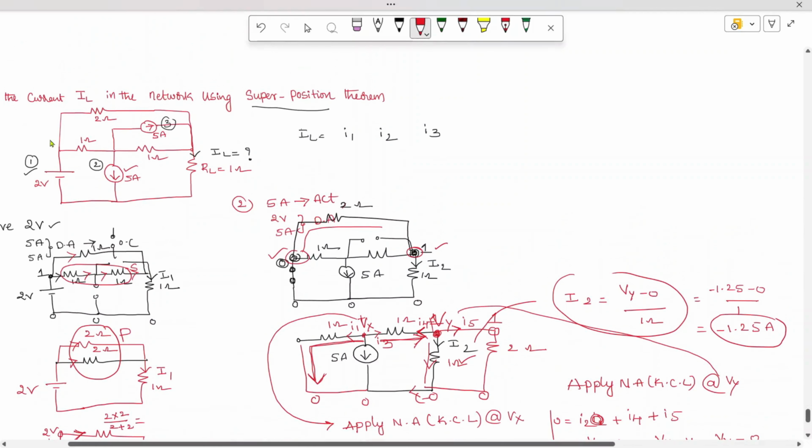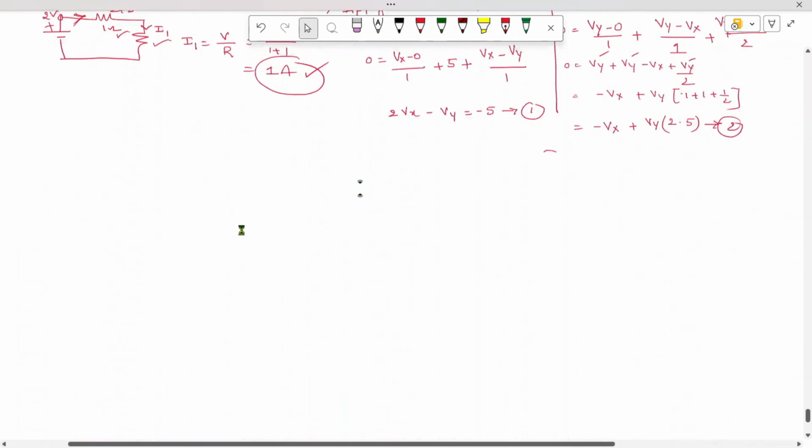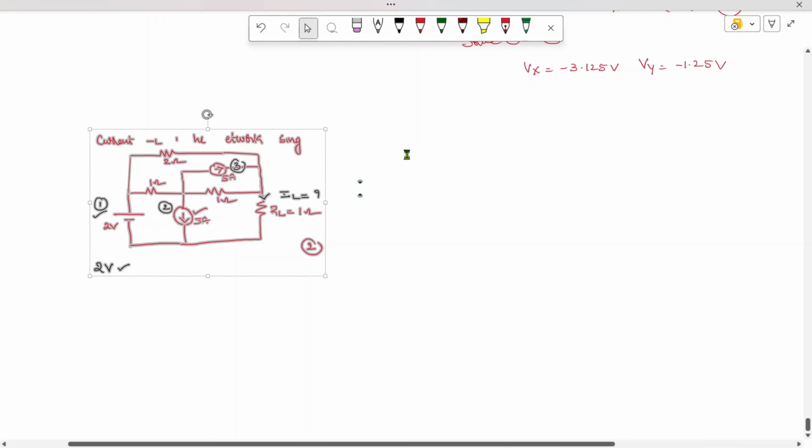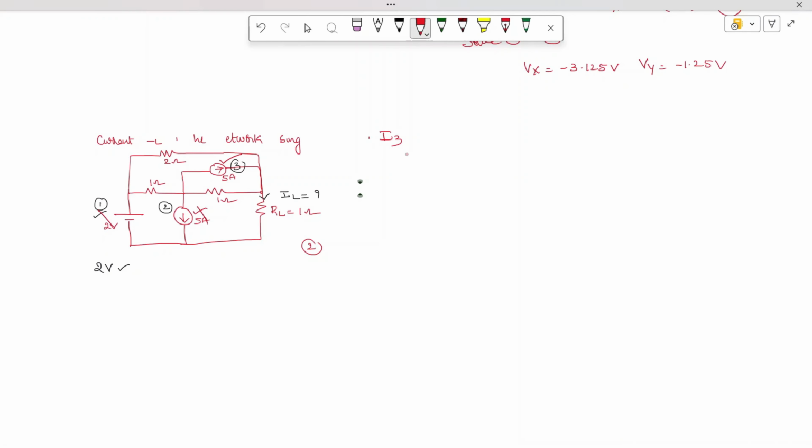I'm copying the circuit diagram. So now we are going to activate this source. Okay, so now we are going to find out I3. This source is activated, this is deactivated, as well as this is deactivated.